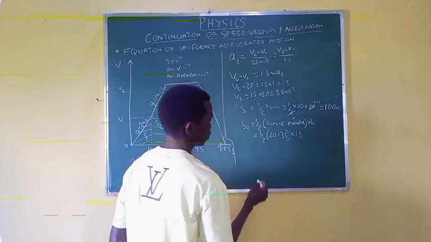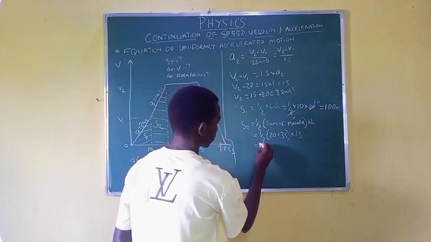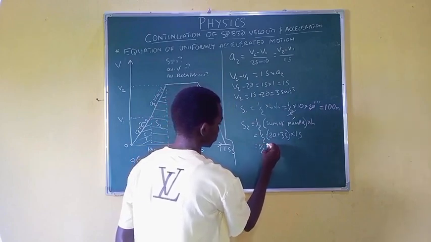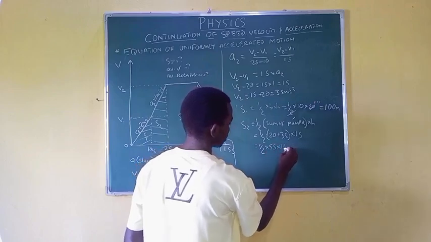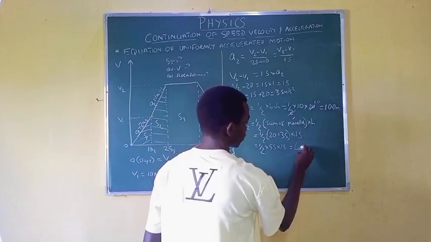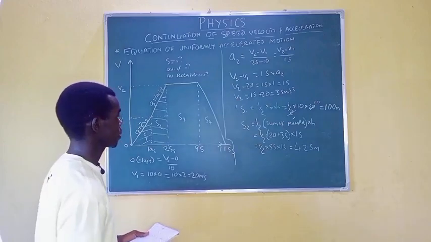This plus this becomes 55. That is equal to 1 over 2 times 55 times 15. We have 412.5 meters.